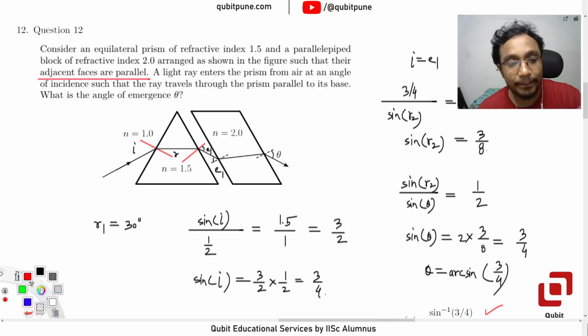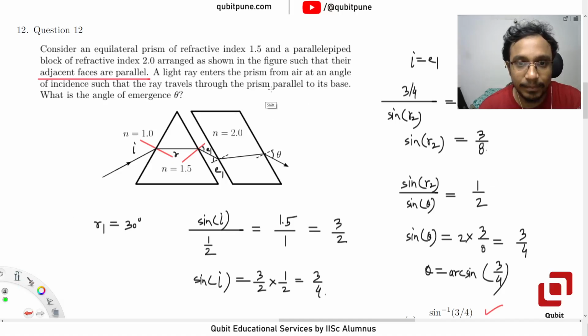अभी ये जो parallel to the base ये जो statement है, इससे ये पता चलता है कि ये जो angle है which the refracted ray is making in the prism with its inclined face is 60 because the triangle is equilateral. Correct. So that gives us the first refraction angle to be 30 degrees because the red line is the normal.